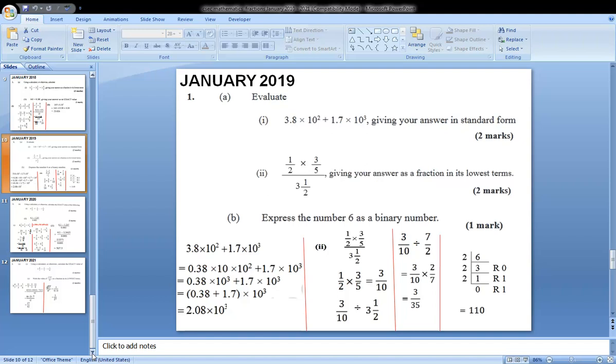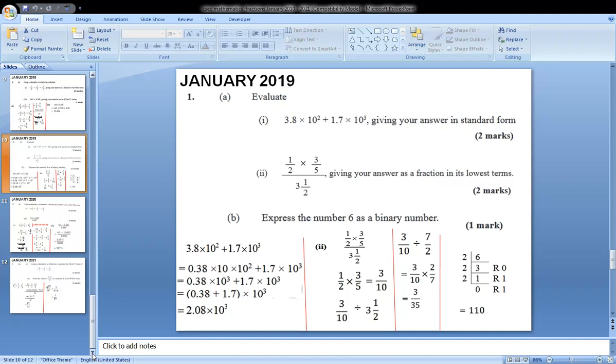Let's go to the second part of the question. A half multiplied by 3/5 divided by 3.5. So a half multiplied by 3/5 gives us 3/10. And now 3/10 would be divided by 3.5. So we change 3.5 to an improper fraction, 7/2. So we now have 3/10 divided by 7/2.